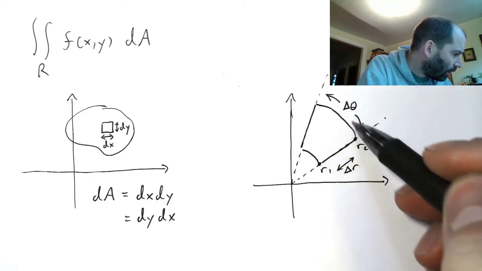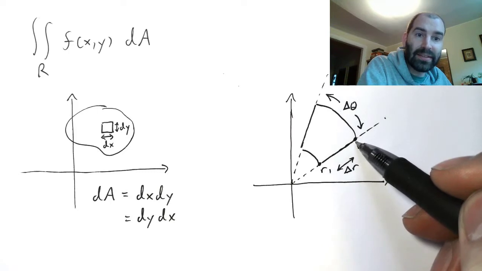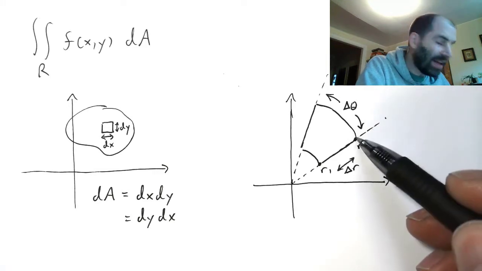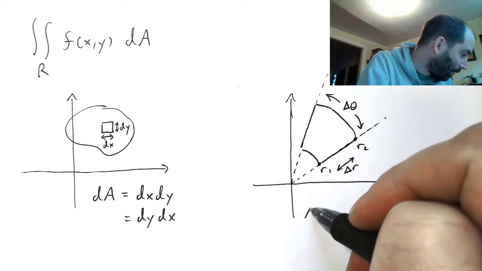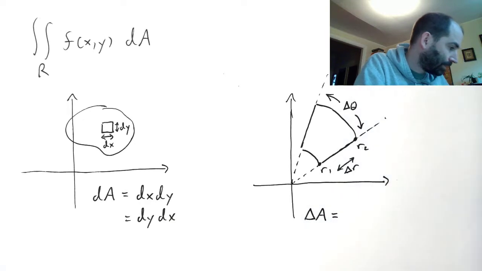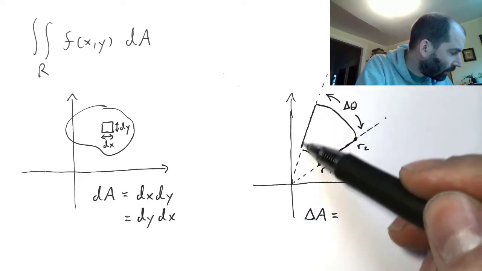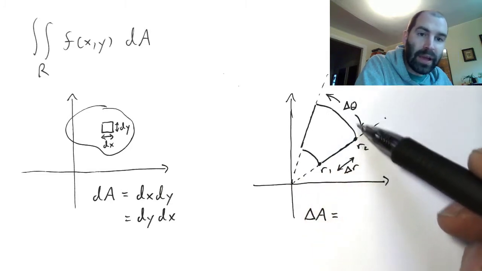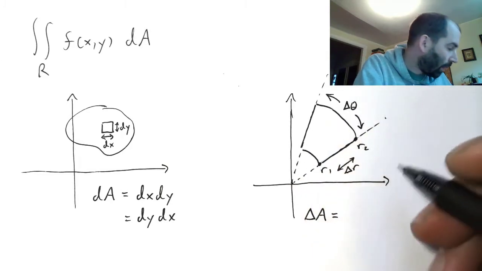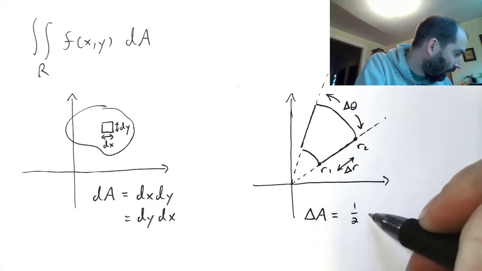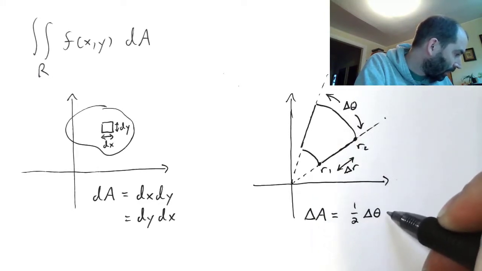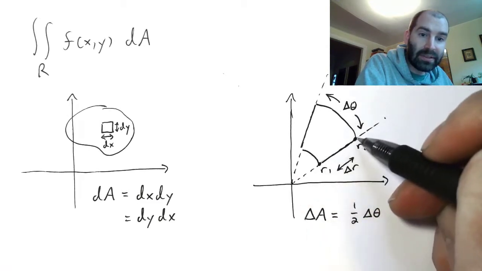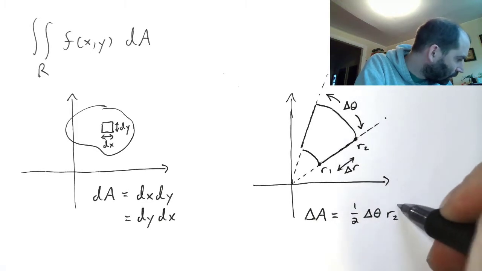The circle that corresponds to the outer radius has area pi r2 squared. So to get the area of a wedge like this, if I want to look at the area, I'm going to call that delta A. So we're going to start by finding the area of this pizza slice here that goes all the way down to the origin. Well, the area of such a wedge is given by 1/2 delta theta times the radius of that pizza slice, r2, squared.